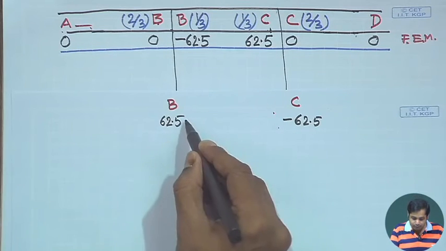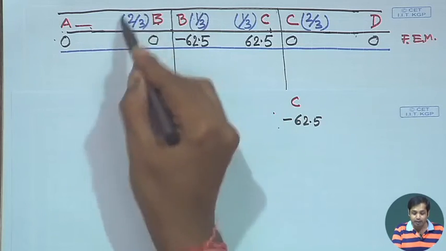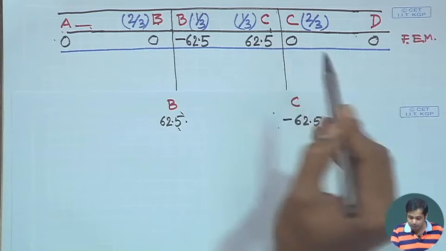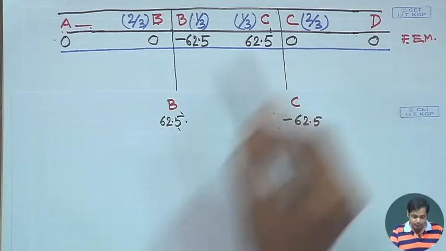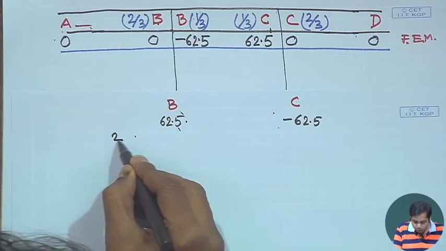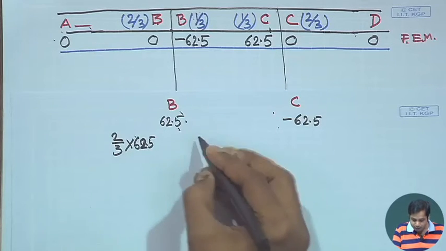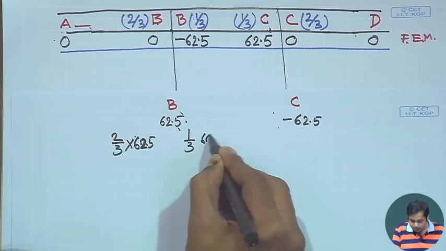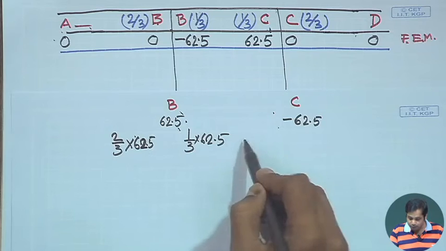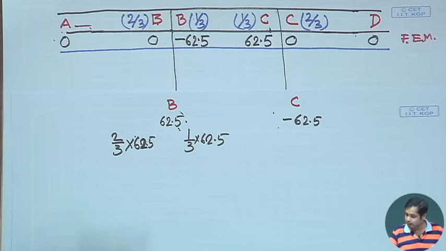Now this 62.5 will be distributed among BA and BC as per the distribution factor, and again at C it will be distributed in CB and CD as per the distribution factor. So this part will be 2/3 of 62.5, and this will be 1/3 of 62.5. Similarly, this part will be 1/3 of minus 62.5, and this part will be 2/3 of minus 62.5.